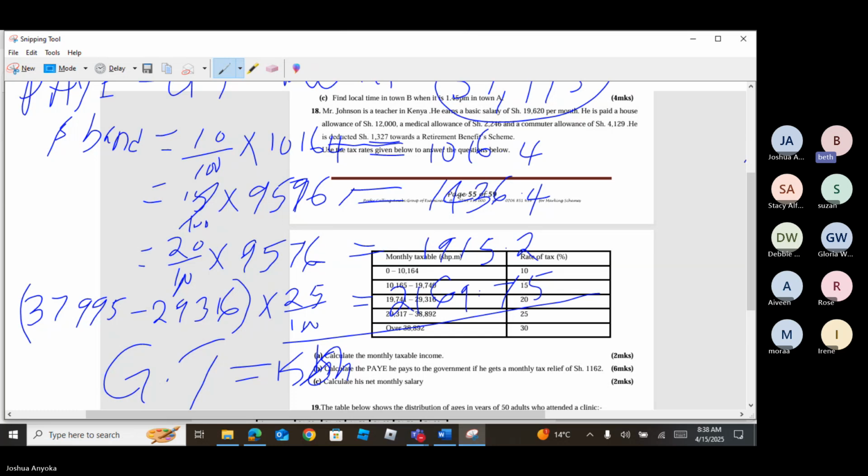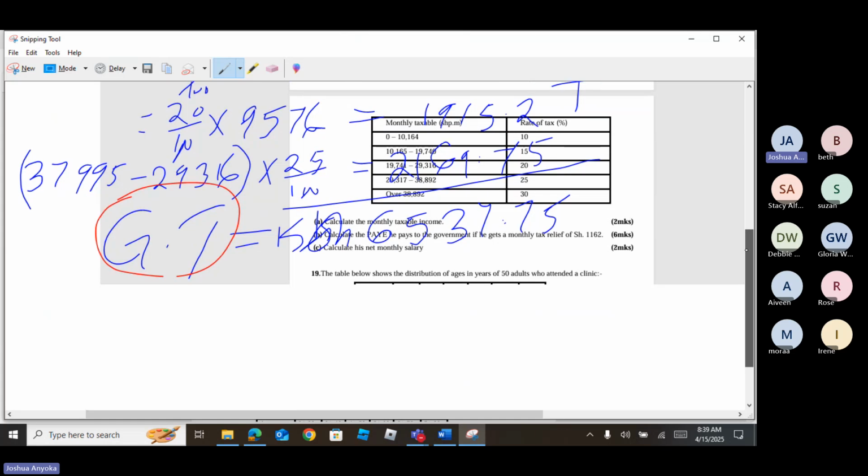After you add everything here, what you get is the gross tax.